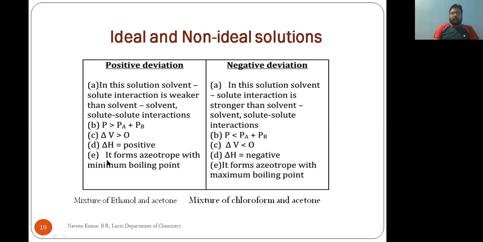The last point of difference we can take with the azeotrope concept. Positive deviation showing solutions will form minimum boiling azeotrope, whereas negative deviation showing solutions will form maximum boiling azeotrope. We'll discuss that in the next slide.